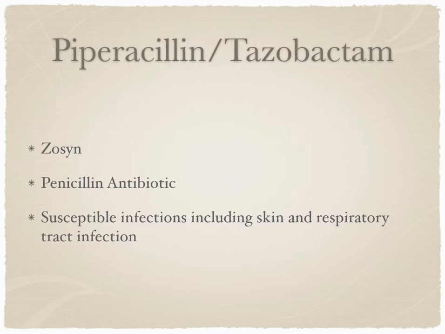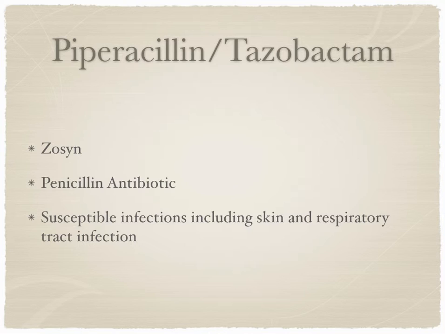Piperacillin with tazobactam, brand name Zosyn, is just the same as the ones we just talked about, Augmentin or Unasyn. Zosyn is the same thing, a combination of piperacillin, which is penicillin antibiotic, with tazobactam, which is beta lactamase inhibitor, to increase the efficacy of piperacillin.